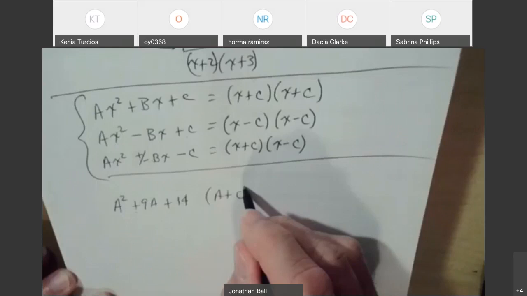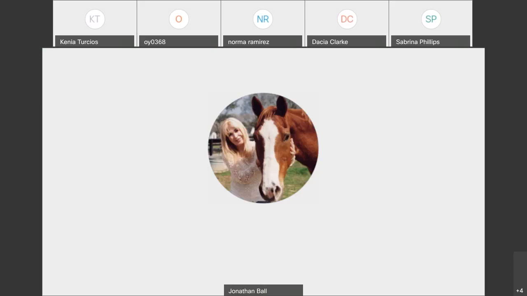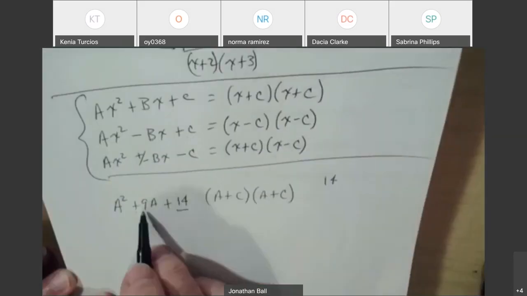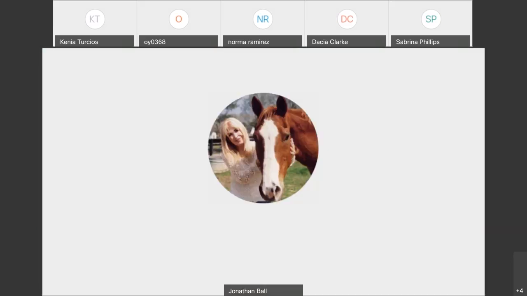So we take 14. What are the factors of 14 that add up to 9? 1 times 14, 2 times 7, there it is there, huh?